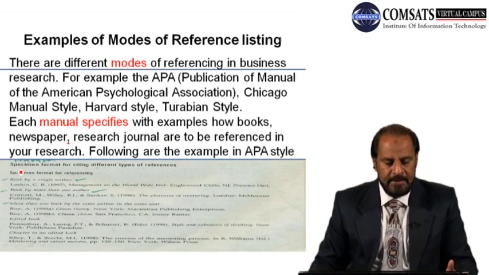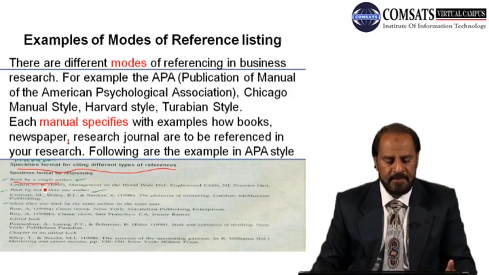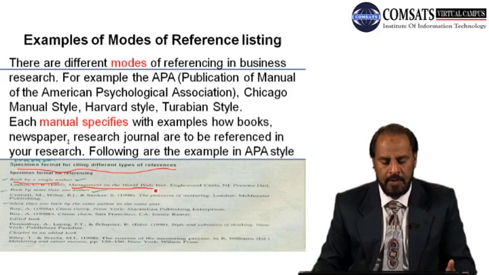Okay, let's look at the specimen format for citing different types of references. If a book is by a single author, the way you do it is you write the last name, then the abbreviation of the first name, the year of publication, and the title of the book, which is Management on the World Wide Web, published by Prentice Hall.